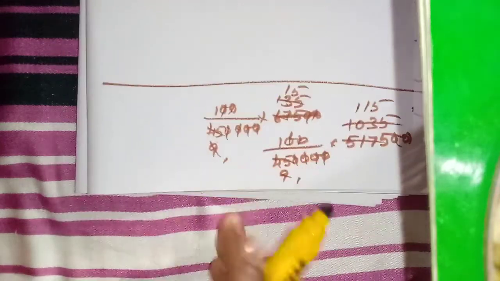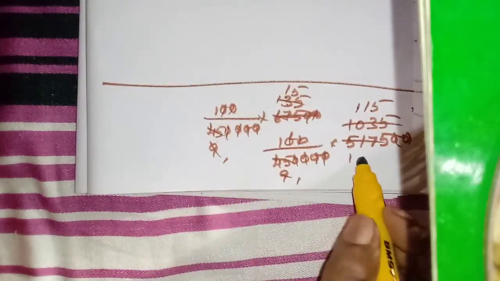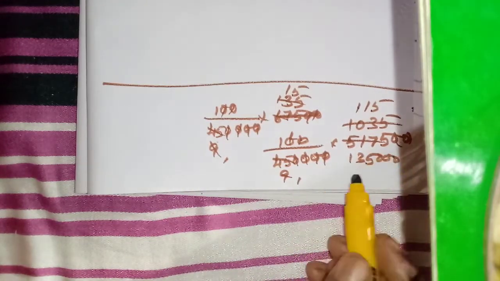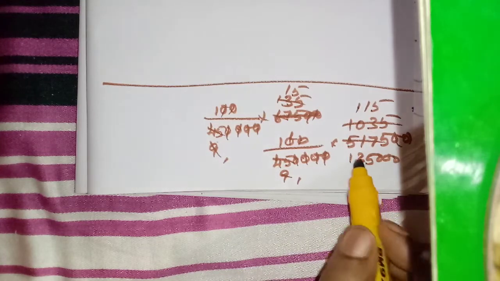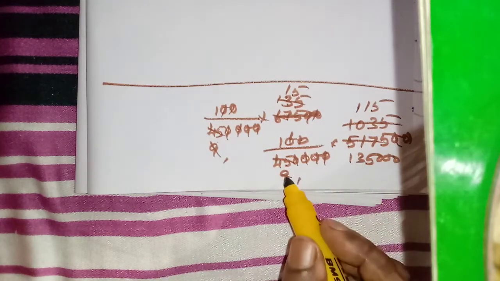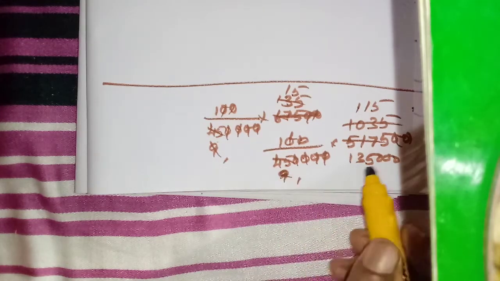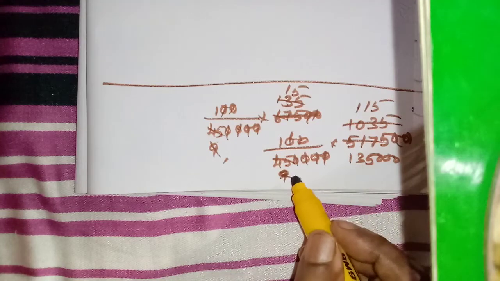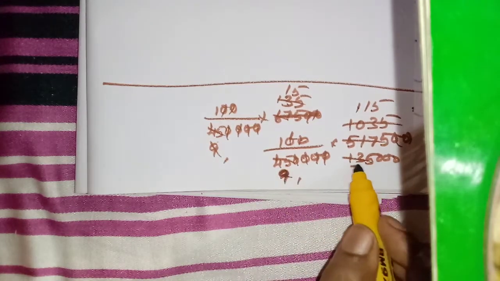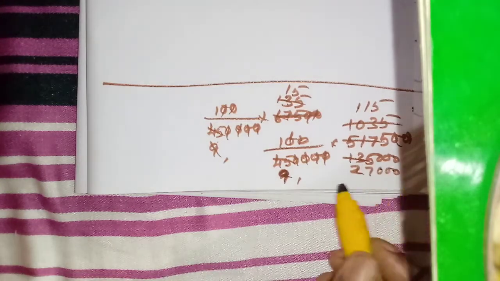Now 1,35,000. So here 1,35,000 thousand. Here the 9, isn't it? 45. So 5. 1 5 2 5s are 10. 35 7 27,000.